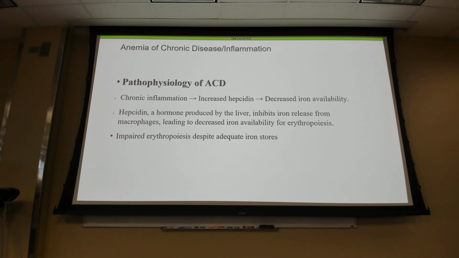Hepcidin is a hormone produced by the liver and inhibits the iron release. So if I'm not getting the iron, then what? Does it become an iron deficiency anemia? Kind of. And they can coexist, and often they do.